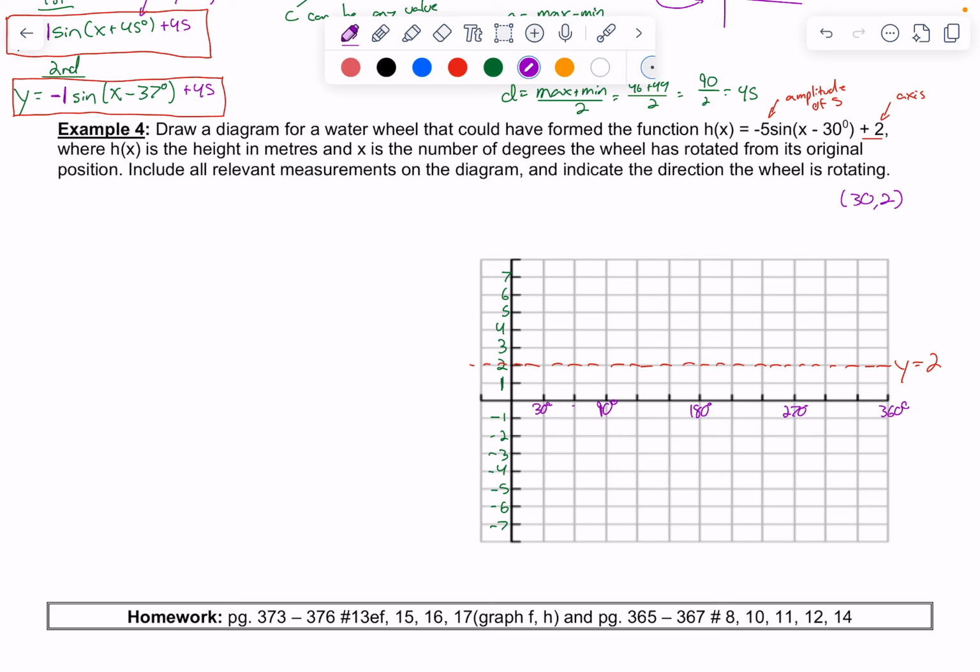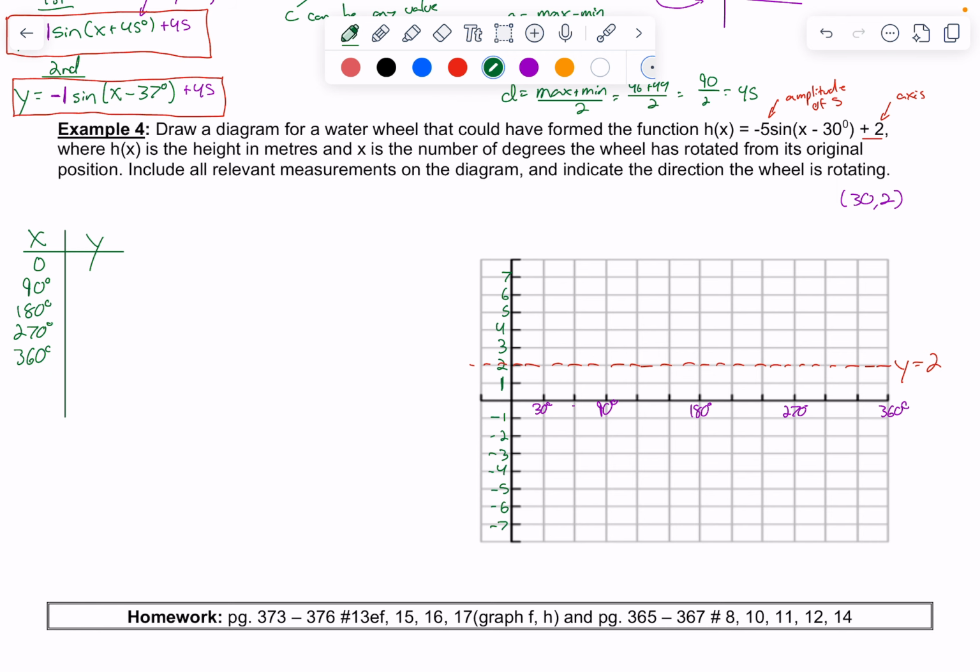But another way to prove this is use your mapping notation. So we have x, we have y, because ultimately you're trying to graph something, right? So find where all your new points need to be. 90, oh, sorry, let's make that cleaner. 90, 180, 270, and 360.